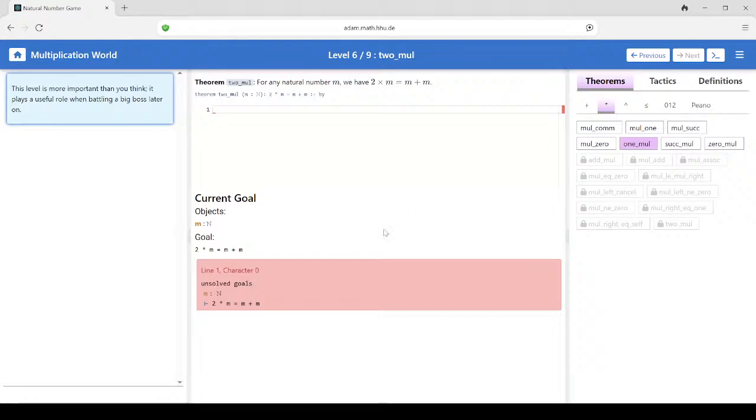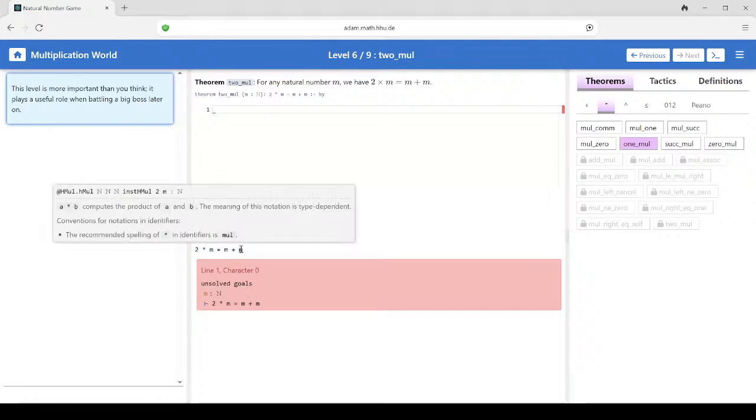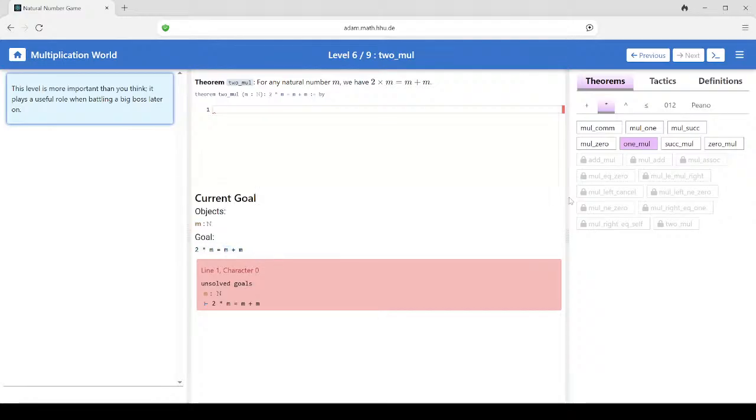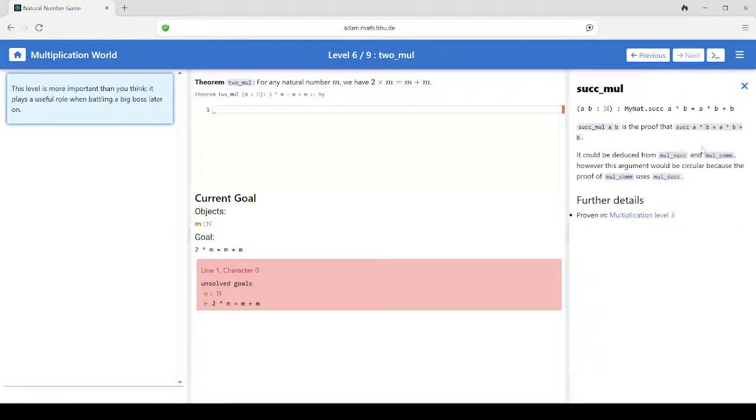I don't know what else I would do. I don't know how to turn a multiplication into... Or wait, maybe I do. Would something like this possibly do it?